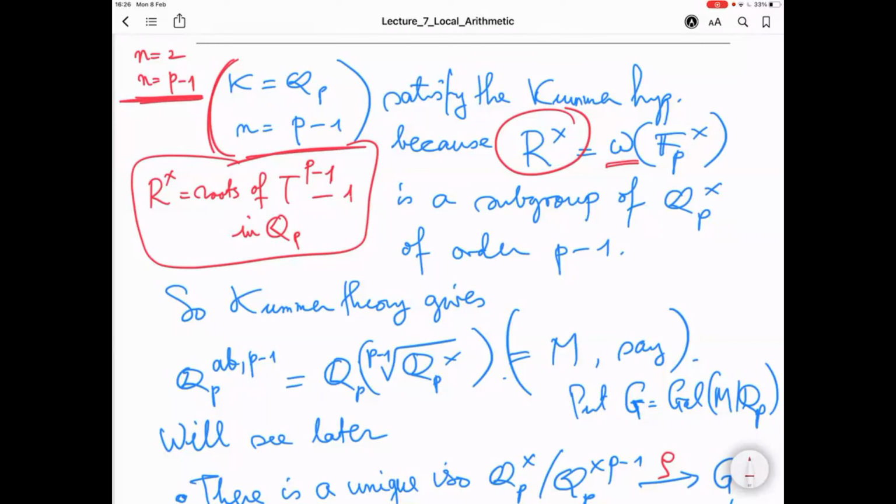This was, I don't know whether I'd call it the Teichmüller character or not, but that's what it is sometimes called.